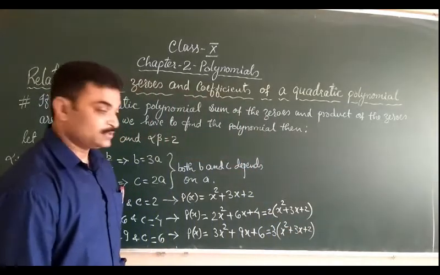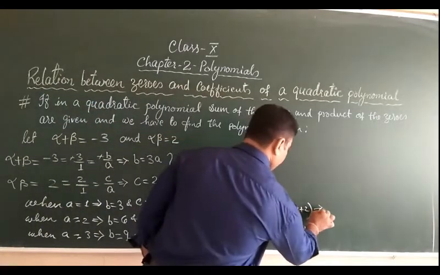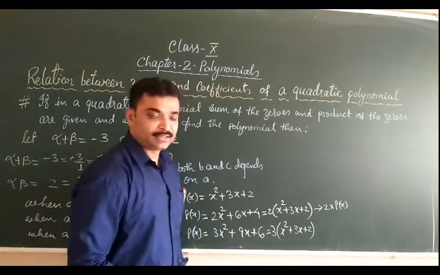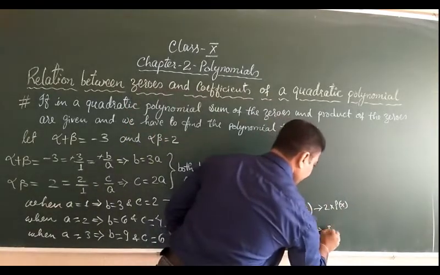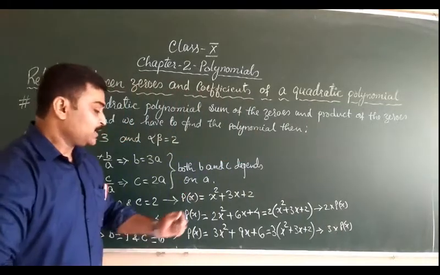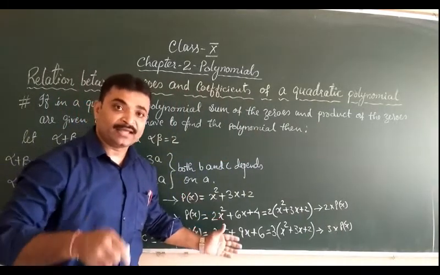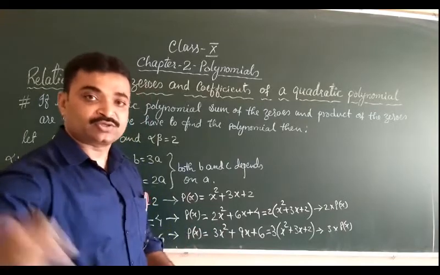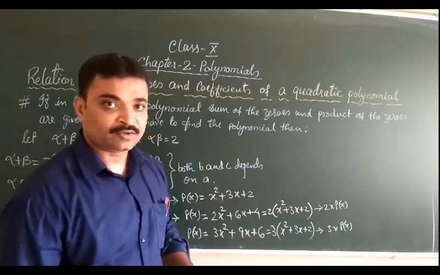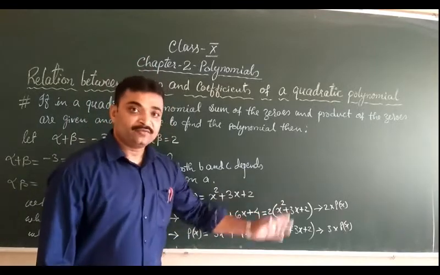That means we can also write here 2 into p of x. Clear? Here we can write 3 into p of x. That means if we put the values of a equal to 1, 2, 3, 4 and so on, we will get different values of b and c. Got it?